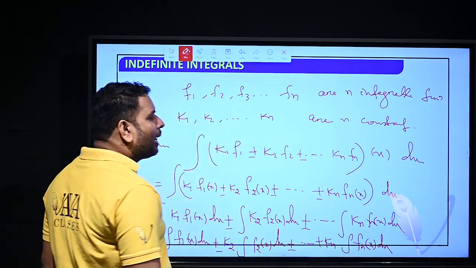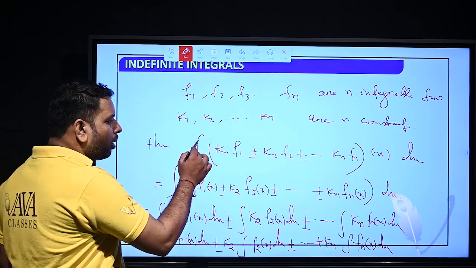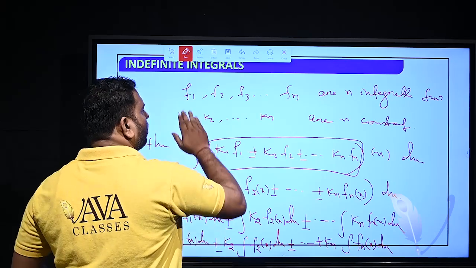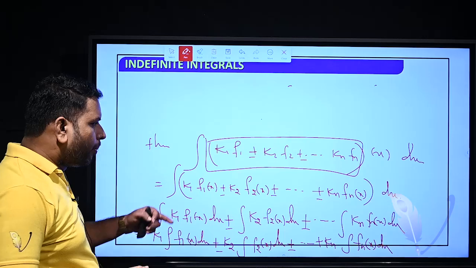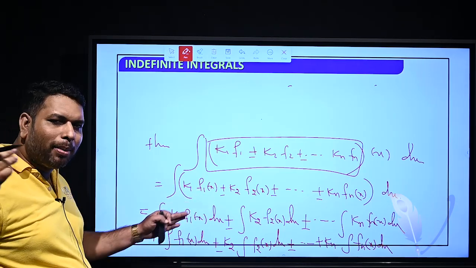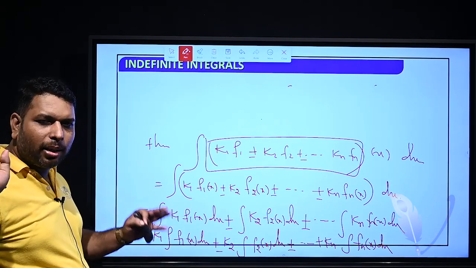Okay, again this can be expressed using summation. Now this can be expressed using summation this way. So first you have the formula integration of k1 f1 plus k2 f2 plus kn fn is the same as k1 integration f1 plus k2 integration f2 plus kn integration fn.